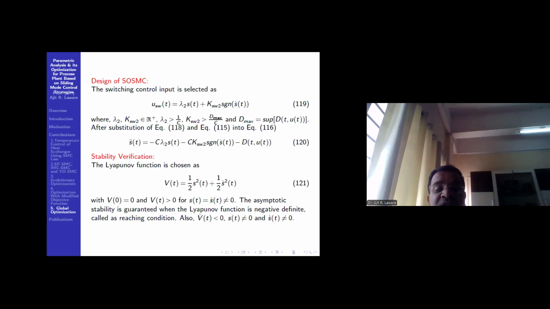And I am taking the Lyapunov function as half S square(t) plus half S dot square(t), and put the value of S dot(t) square in equation 121 to find out the stability. I'm getting stability as K_SW2 greater than D max by C, which dominates the uncertainty in the system over there.